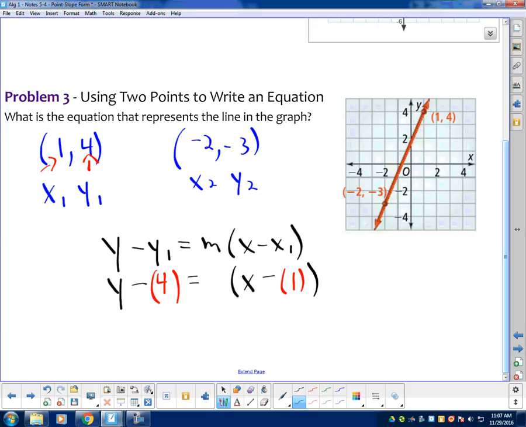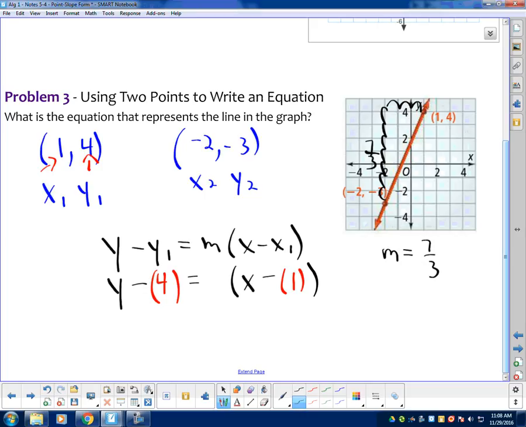So there are two options for finding the slope. We can see from our picture that the slope is, by counting 1, 2, 3, 4, 5, 6, 7, I go up 7, and then from here I go 1, 2, 3 over 3. So 7 over 3. So the slope is m equals 7/3.